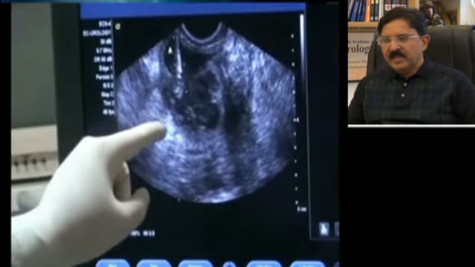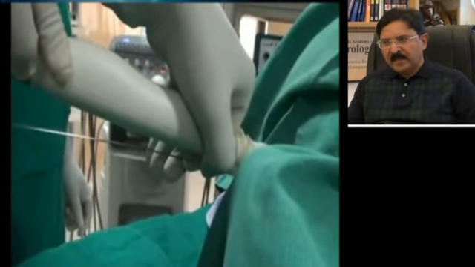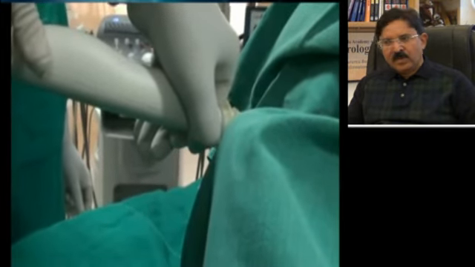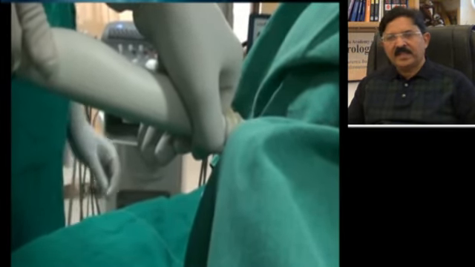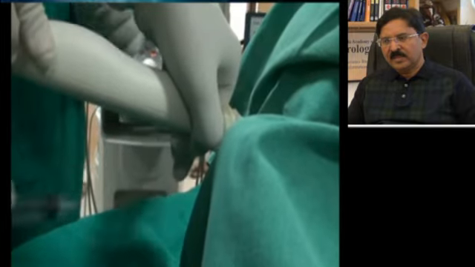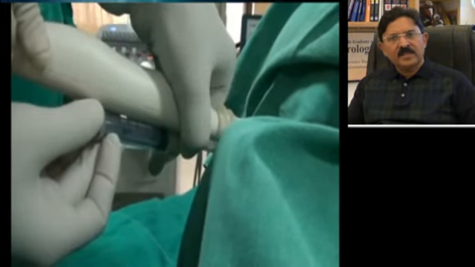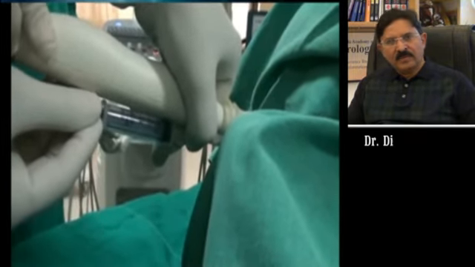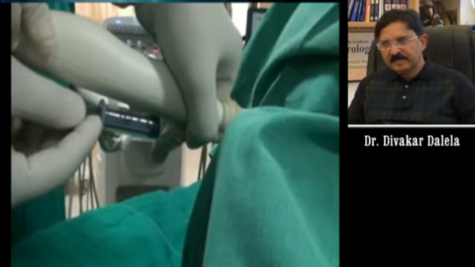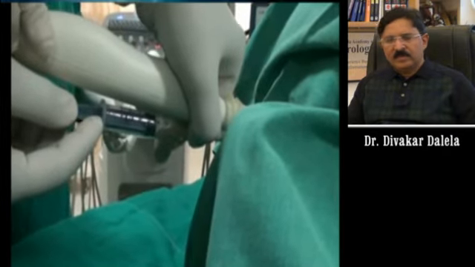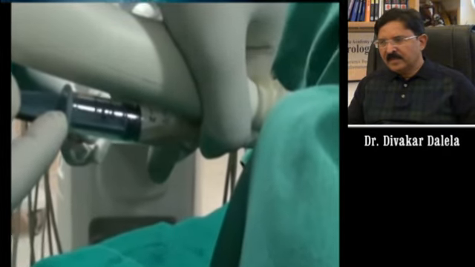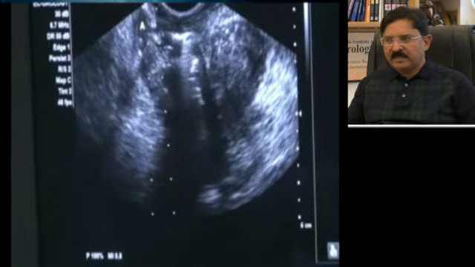You can penetrate the needle up to the desired depth, withdraw the stylet and connect a 10 ml syringe to this needle. First, you should collect the sample for culture and sensitivity, which should be about 2 to 4 ml, and then you can aspirate the rest of the cavity.